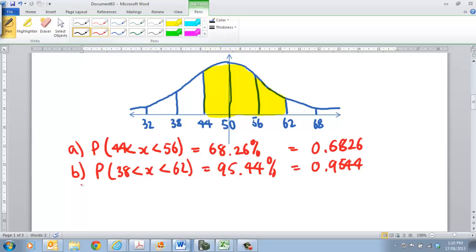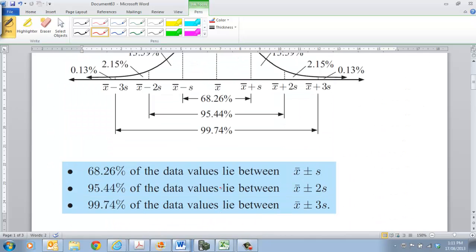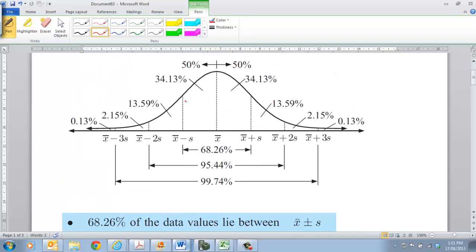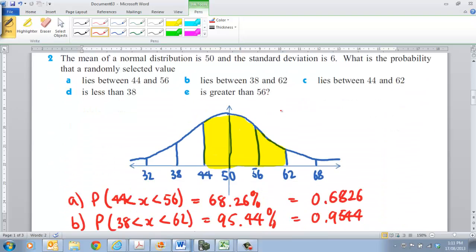So for that, the probability of 44 to 62, that's going to be equal to, well, I could just add up these particular values if you like. So it's going to be 34%, 2 lots of 34%, so that's going to be 68.26% plus 13.59%. Okay, so that's what I'll need to do.